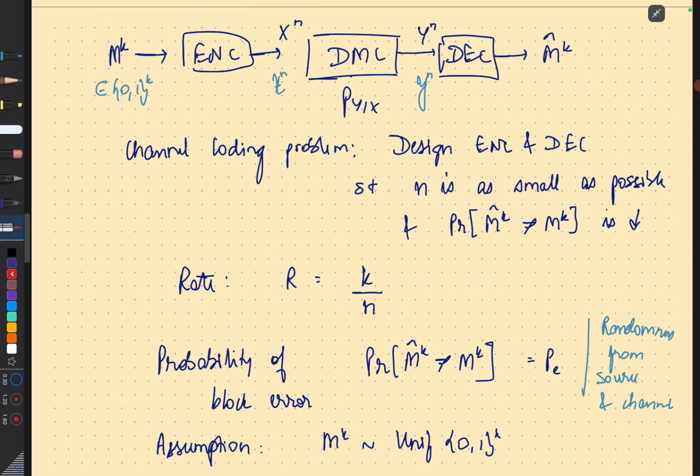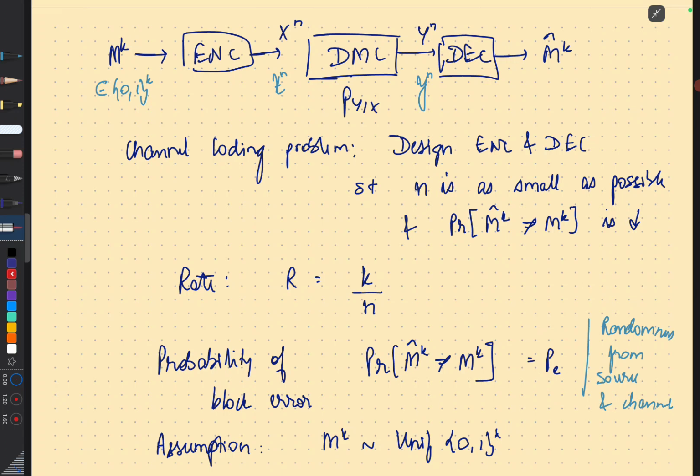So this is broadly termed as ultra reliable and low latency communications. In such scenarios, you want n to be very small, of the order of, let's say, 100 or so, and the probability of error is also required to be very, very small. In these cases, you don't want high rates. The rate is typically something small, but n is small and the probability of error is also very, very small.